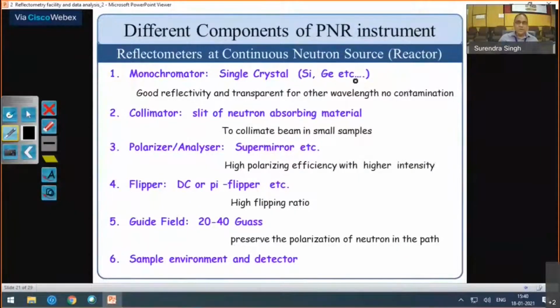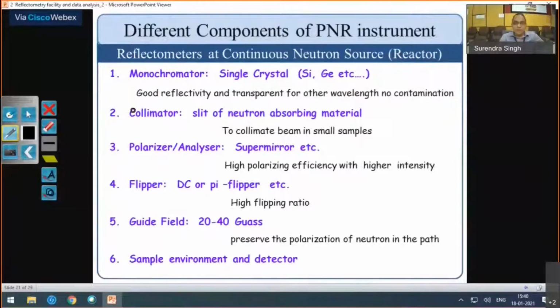Typically silicon or germanium single crystals are used. Another is the collimator. A collimator is used to stop the divergence of the neutron, because you have to put the neutron beam on the sample, so a collimated beam is required. Otherwise it will deflect from the sample from all over, and then you don't have a well-defined beam of neutrons to do the reflectivity.